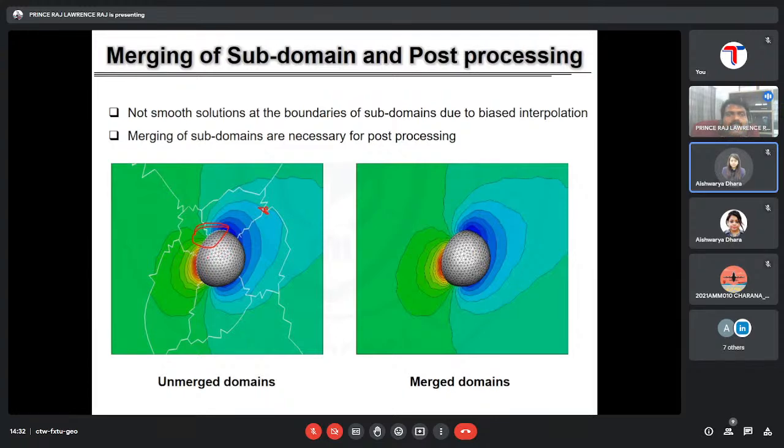Here also there is no thumb rule. For example, if your problem is very simple, like this problem, a sphere, then automatic mesh will do a better job here, no problem.